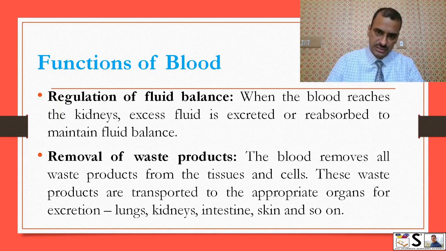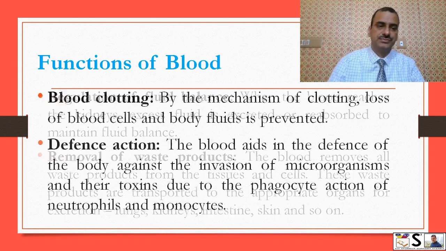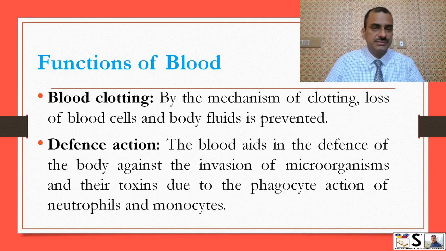Removal of waste products. The blood removes all the waste products from the tissue and cell. These waste products are then transported to the appropriate organ for excretion, such as lungs, kidney, intestine, skin, and so on. Blood clotting.